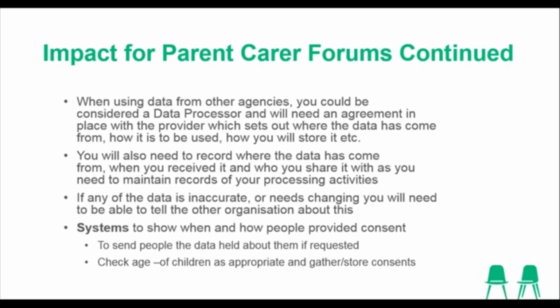I did mention at the beginning that it's also about third parties. So you may get data from other agencies, and therefore you're the data processor if they give you that information.